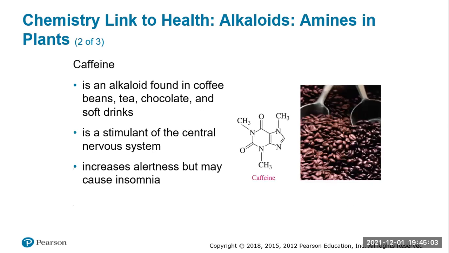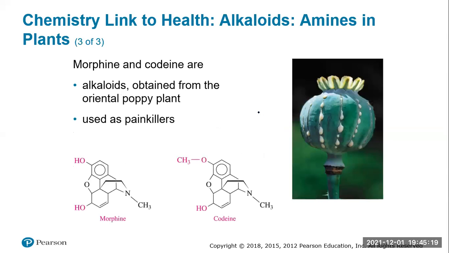Caffeine's another example here. Again, we see our amine group, same thing, our tertiary amine right there. Things like morphine as well. Again, our amine group over here, codeine and morphine.